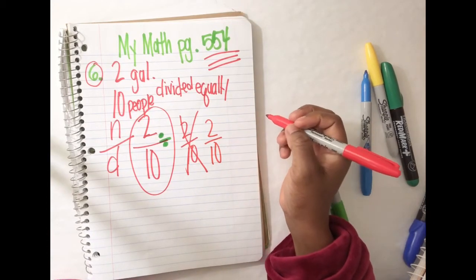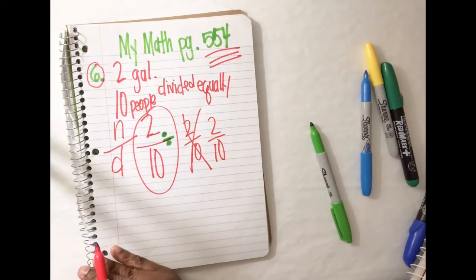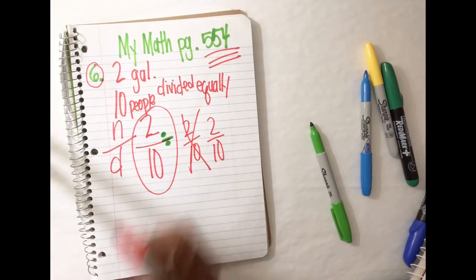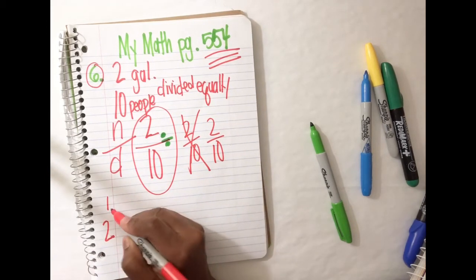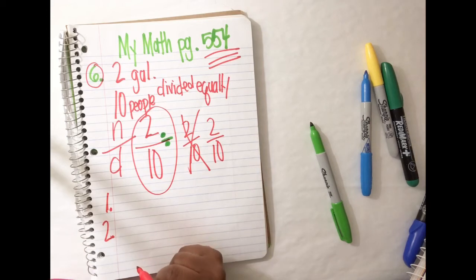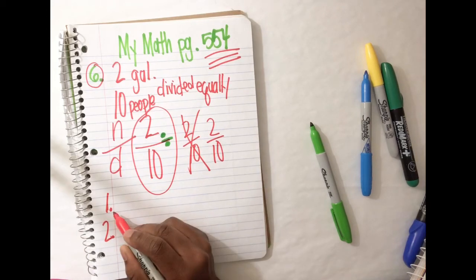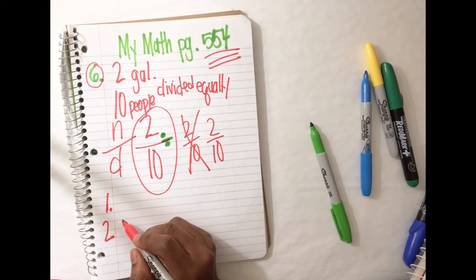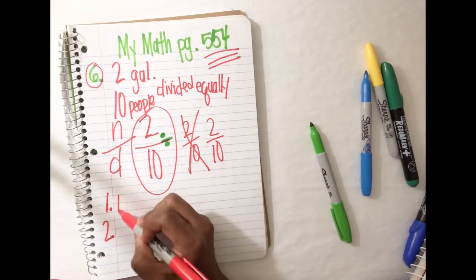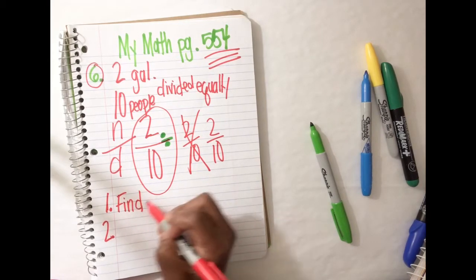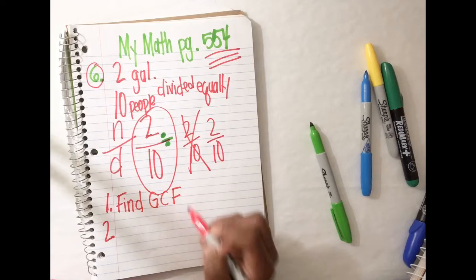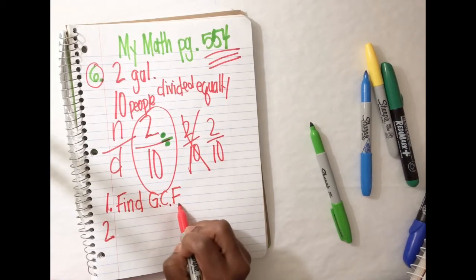There are 2 rules to simplify a fraction that you learned in 3rd and 4th grade. The 2 rules to simplify fractions, you probably want to write them down if you've forgotten. The 2 rules to simplify a fraction are to find the GCF, which stands for greatest common factor.